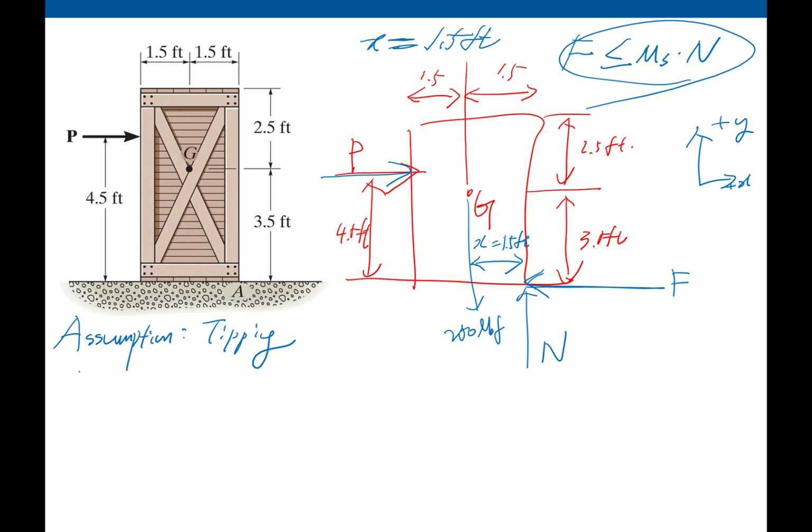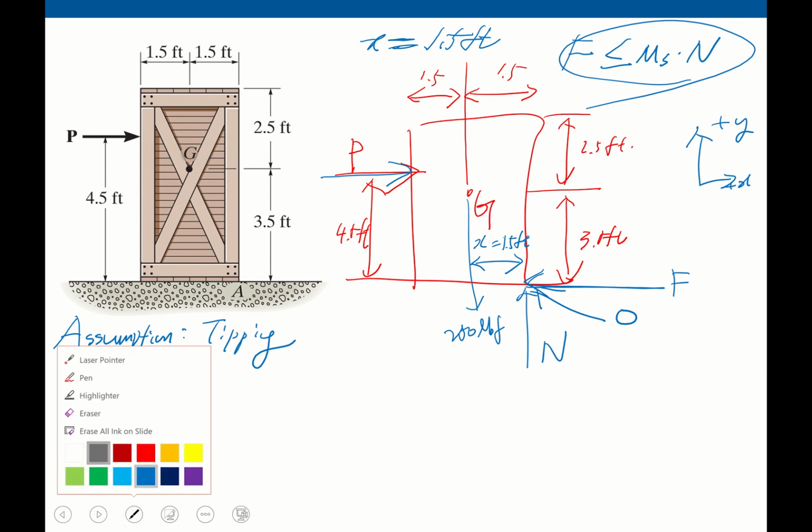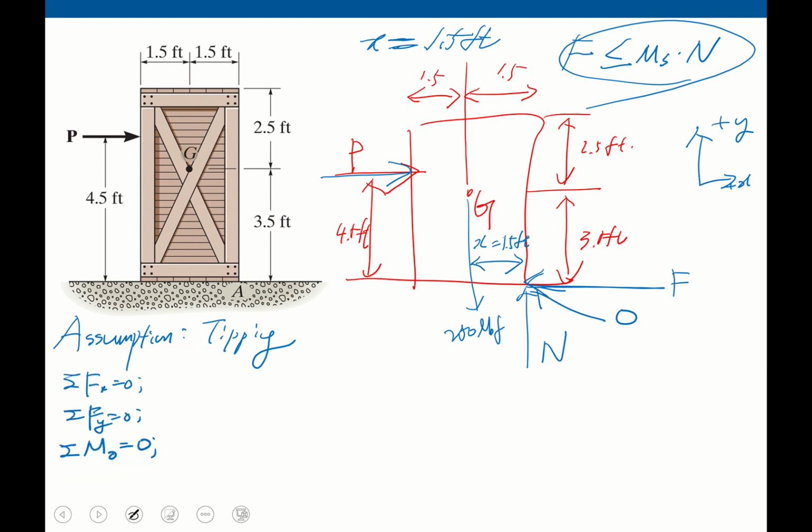So let's apply the equilibrium equation. Sigma Fx equals 0, sigma Fy equals 0, sigma moment about any point O should be equal to 0. This point is O. So same thing, we can say that this is positive P minus F is equal to 0.